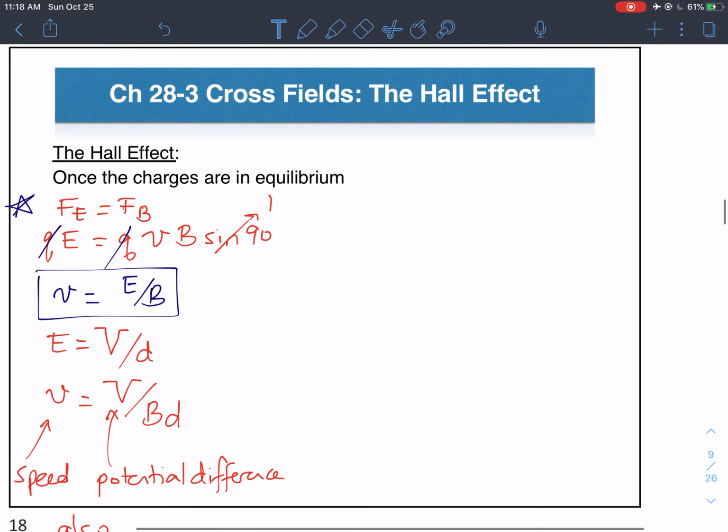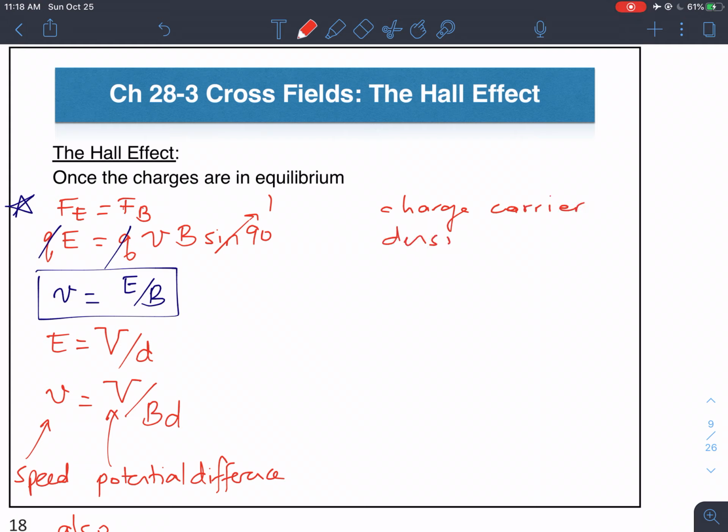So now I'm going to write it here. The charge carrier density is, again, we use I over n Q A, and that's equal to, since this was the speed, right?